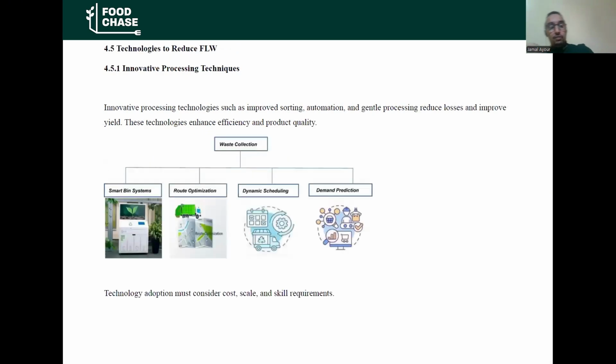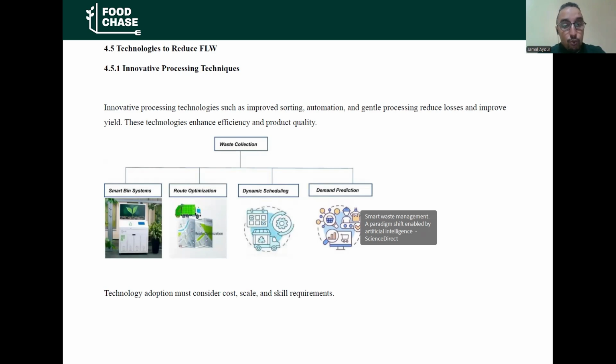About technologies that are used to avoid this question of food loss and waste, innovative processing technologies are applied in some industries. In general, for developed countries, there are smart bin systems, for example, route optimization, dynamic scheduling, and demand prediction of the parameters.